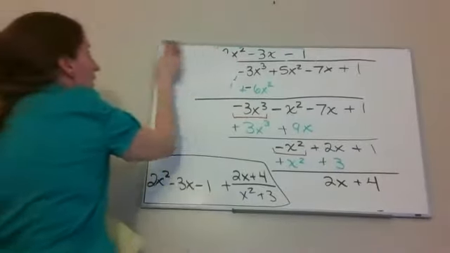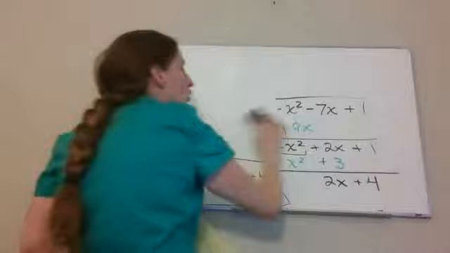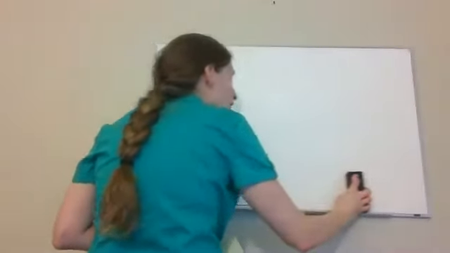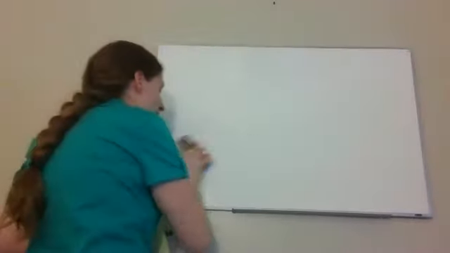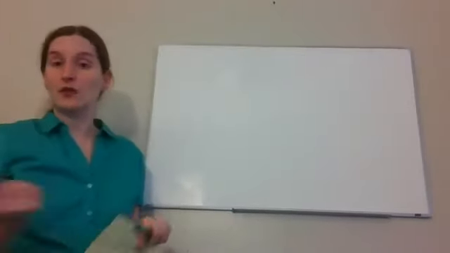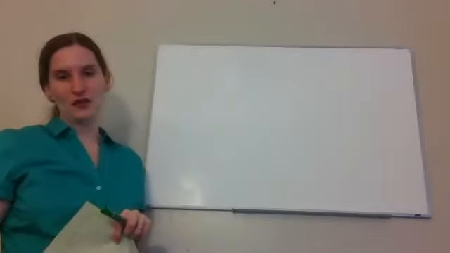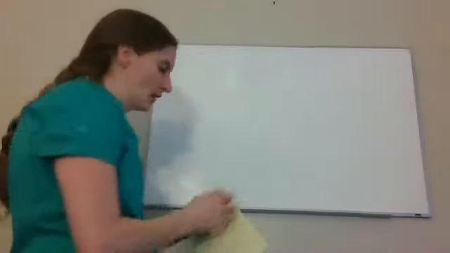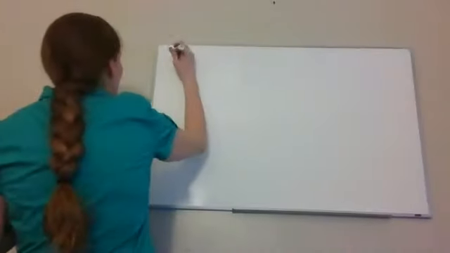So now there are some long division problems that we can actually use a quicker form of long division on. And the quicker form of long division is called synthetic division. Now, synthetic division is very nice because it goes much quicker than traditional long division, but it doesn't work for all long division problems, which is why we still learn the long way as well. So synthetic division goes like this.